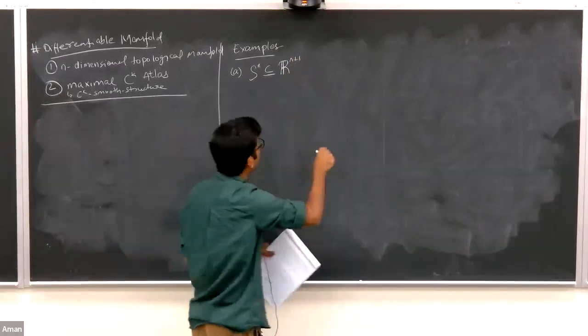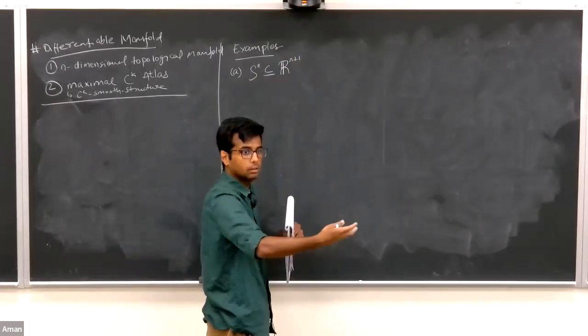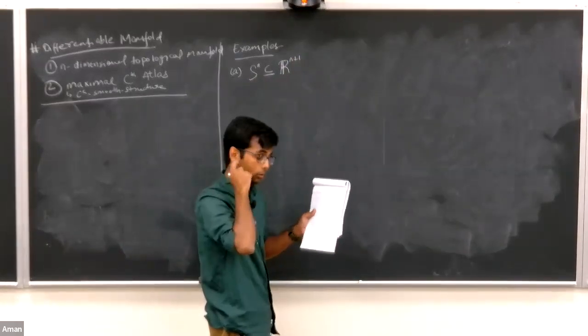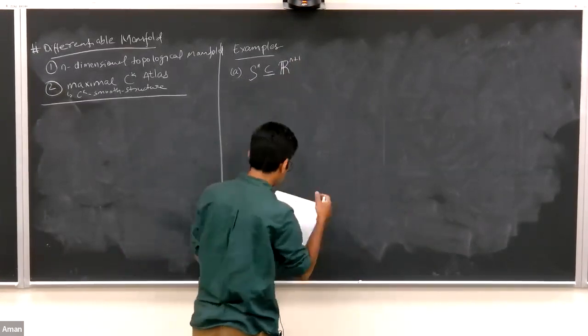So any n-dimensional sphere is always embedded in one extra dimension in real Euclidean space.